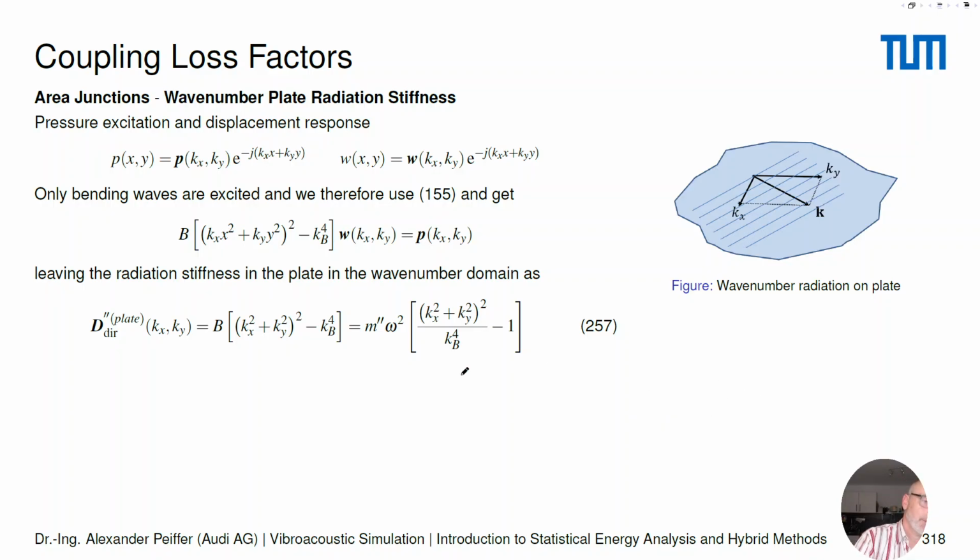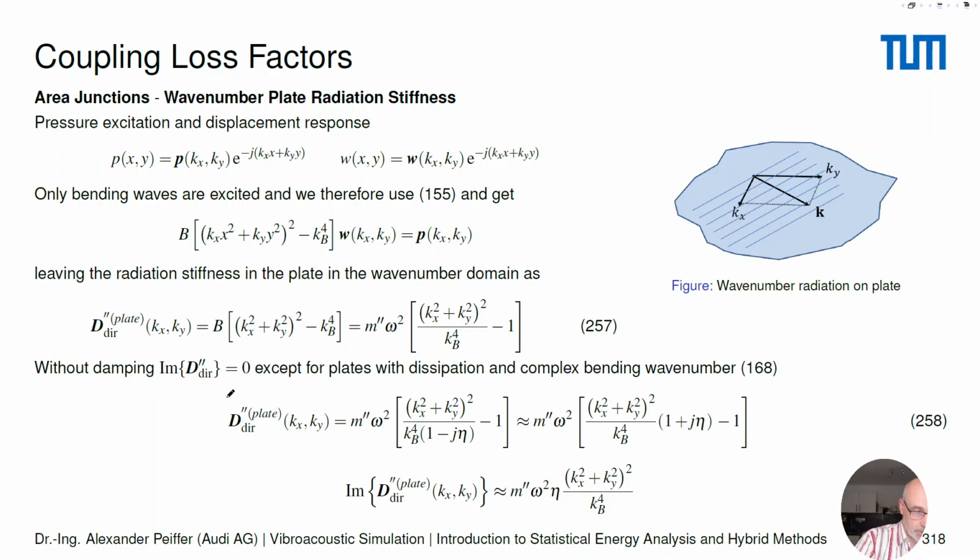However, there's a drawback. You see, if this equals the bending stiffness, it's again infinite, or it's zero, which is quite useless. That means for the bending wave equal to the acoustic wave, or at least when the wave number factor equals exactly the bending wave, it is zero. If there is dissipation, and there usually is always dissipation, you will get an extra term.